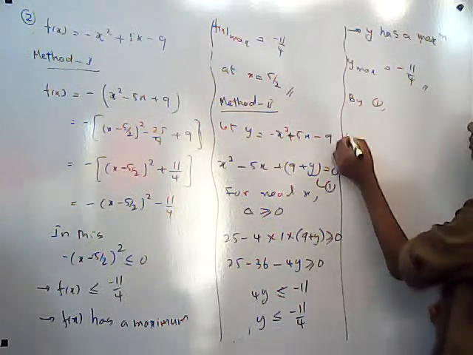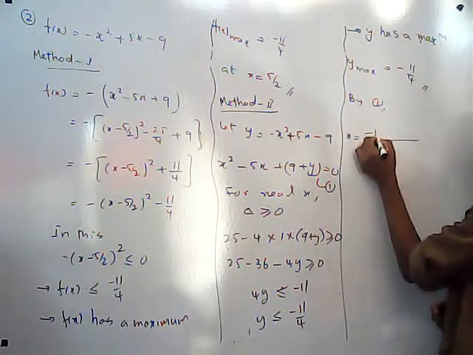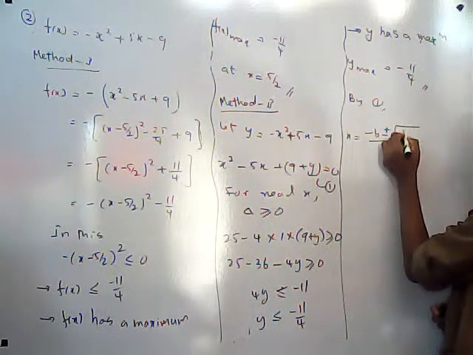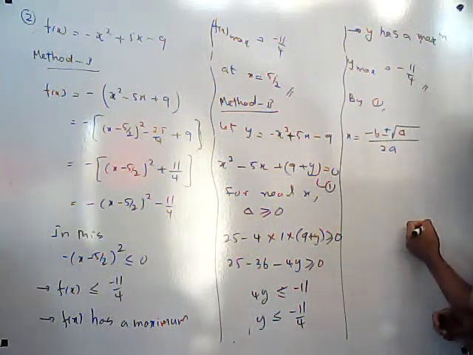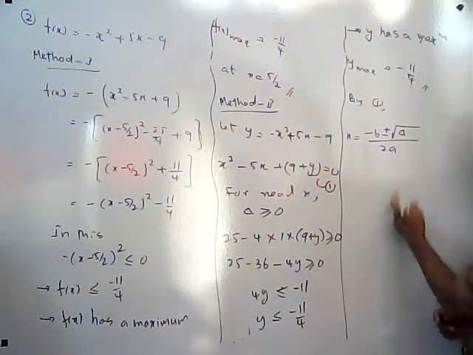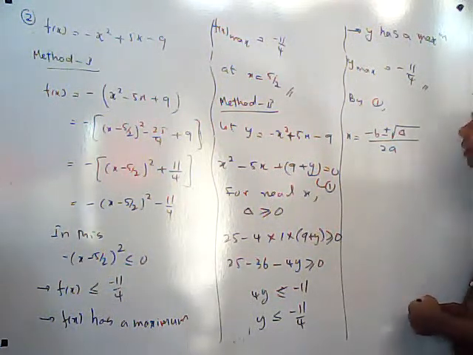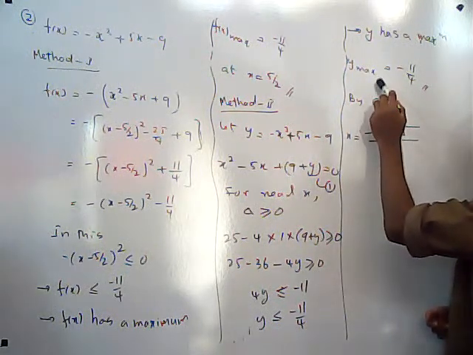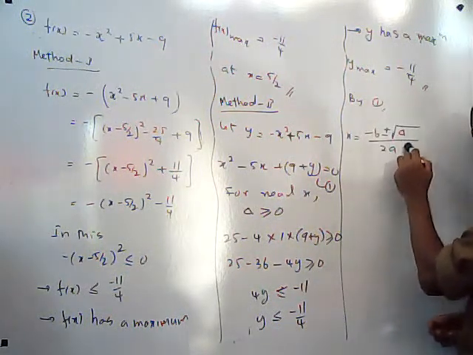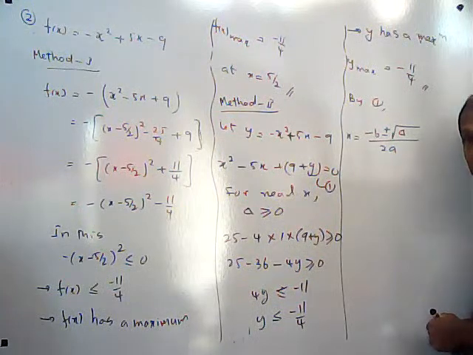By the formula, x is given by minus b plus or minus root of delta over 2a. So what happens to delta as y is maximum? As y is maximum, this delta will be equal to 0.